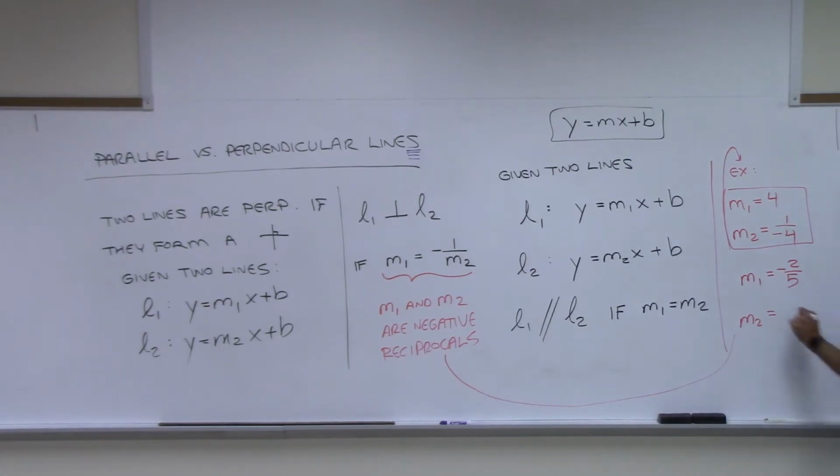So 5/2. Exactly. It's just whatever this is written as a fraction, flip it over and change the sign. You can see that here on this 4. Do y'all see that that 4 is a 4/1? So all you're really doing is flipping it and then making it negative. Positive to negative here, negative to positive there. Is that a little easier to understand?